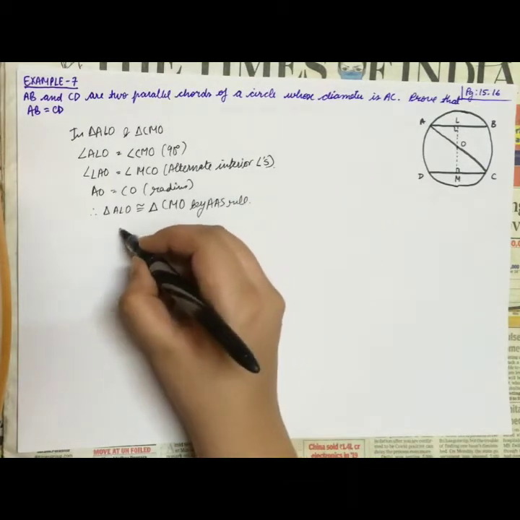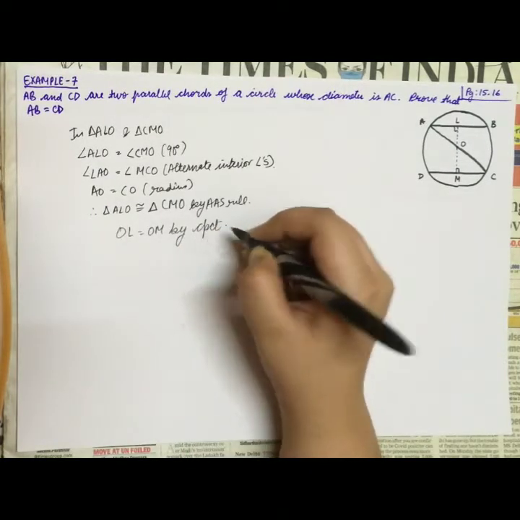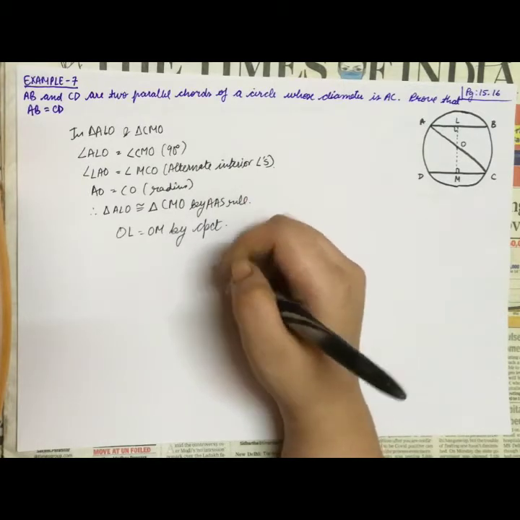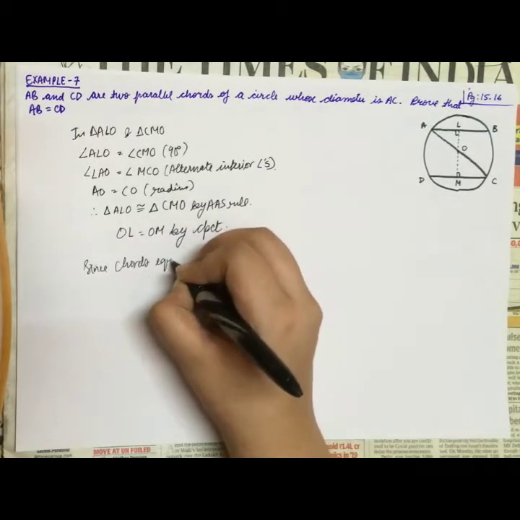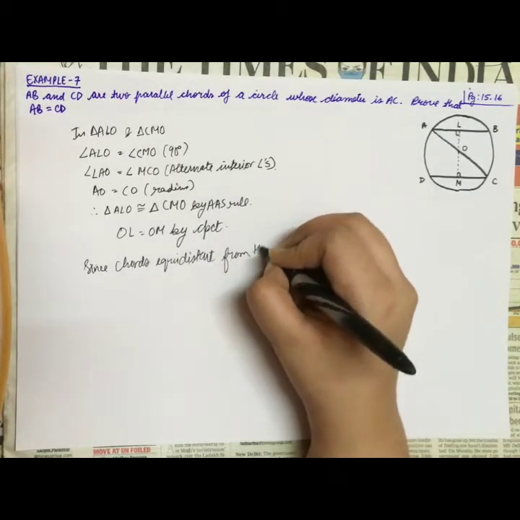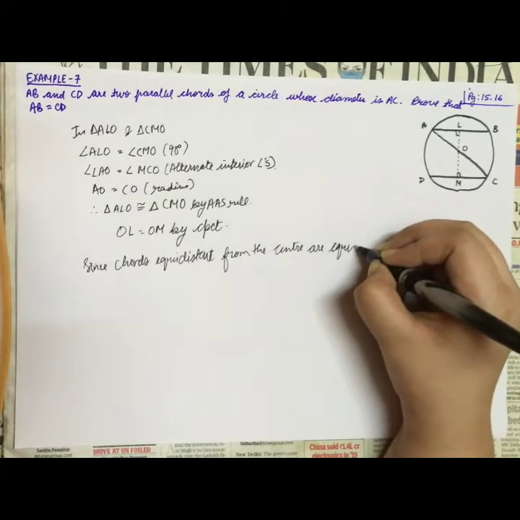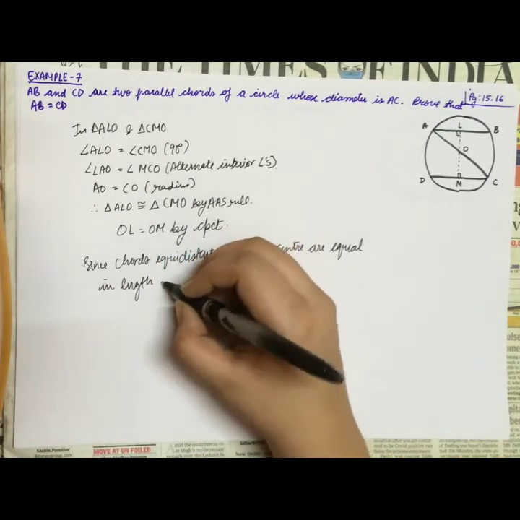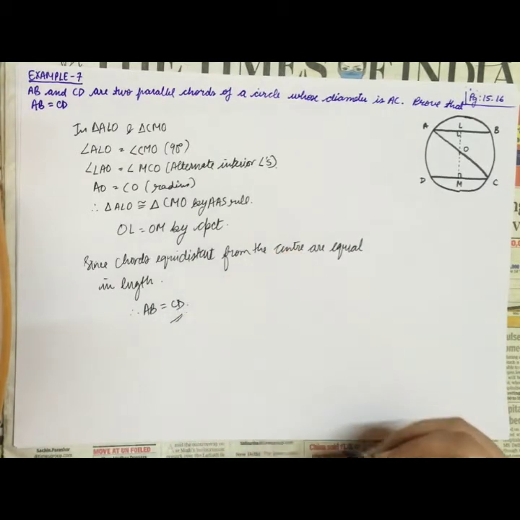Now we can say that OL is equal to OM by CPCT. Now since chords equidistant from the center are equal in length, therefore we can say that AB is equal to CD. Hence proved.